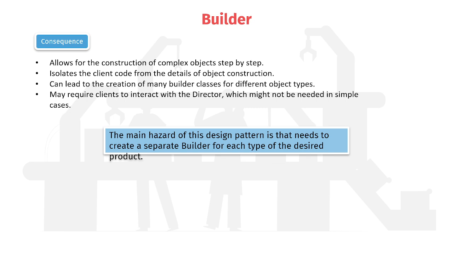And also it may require clients to interact with the director, which might not be needed in simple cases, right? So you have to interact with the waiter in this case, right? Otherwise you will not be able to do whatever the thing that you want to do. So the main hazard of this design pattern is that it needs to create a separate builder for each type of desired product, right?